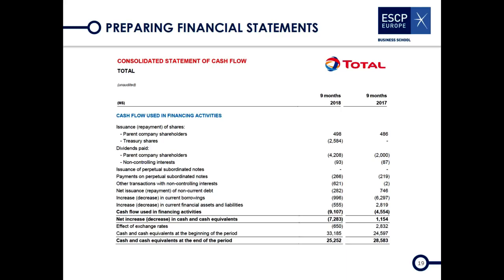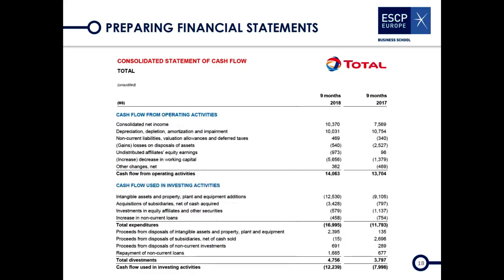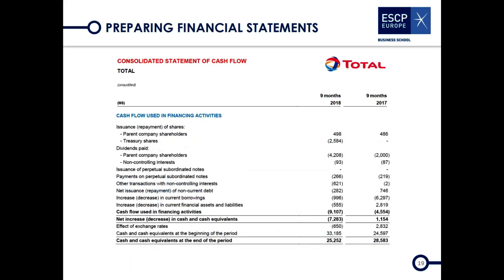Right, so you see after the cash flow used in financing activities, you actually see a position called net increase in cash and cash equivalents, which is the sum of the three items that I just talked about: the 14 billion positive net operating cash flow, then the negative 12 billion investing cash flow, and the negative 9 billion financing cash flow.